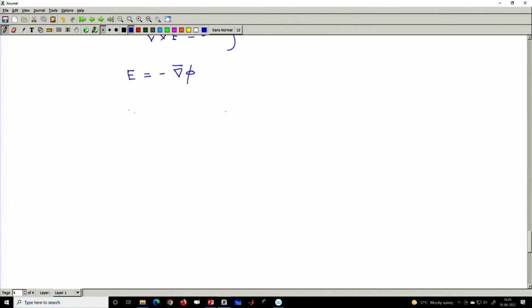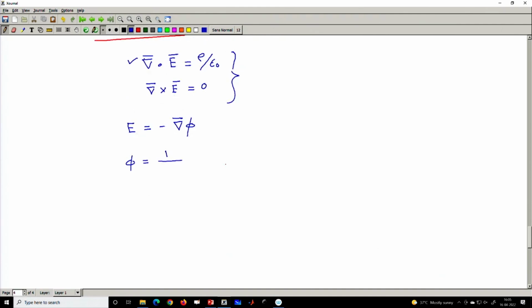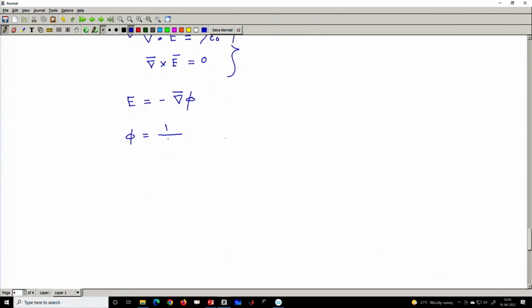and phi can be written in terms of this, because this is precisely the Helmholtz theorem, and that is 1 by 4 pi epsilon 0 integration of rho of r prime over mod of r minus r prime, dv prime.